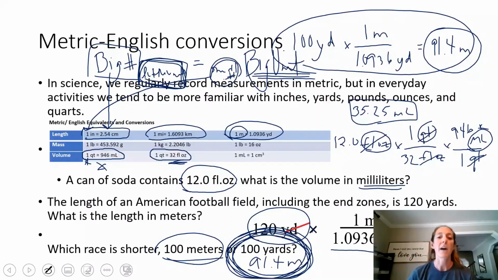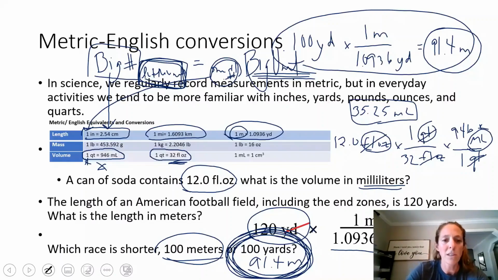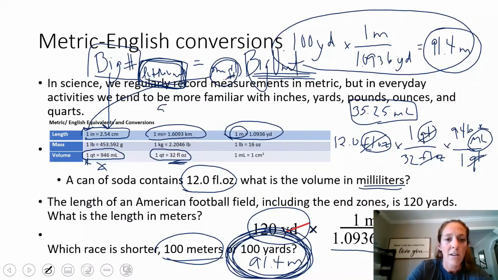If I said I'm going to go run a 5K, a 5-kilometer race, a 5-kilometer race is 3.1 miles. So even though I'm giving you these numbers, we can also say that 5 kilometers is equal to 3.1 miles. Okay, it's the same as what I gave you. We're just using different numbers.